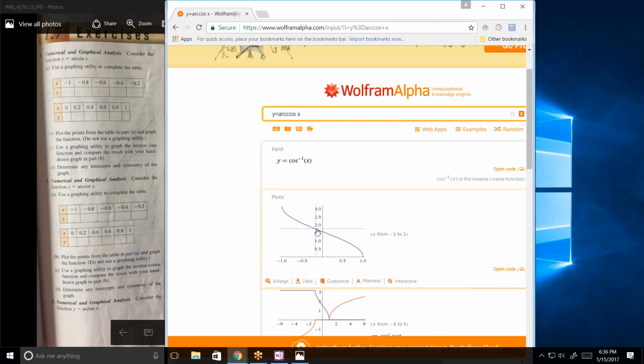Okay. 0. 1.6. Okay, what do we know that has to be also in terms of pi? Slightly above 1.5. Pi over 2. Right, so that's got to be 1.57.